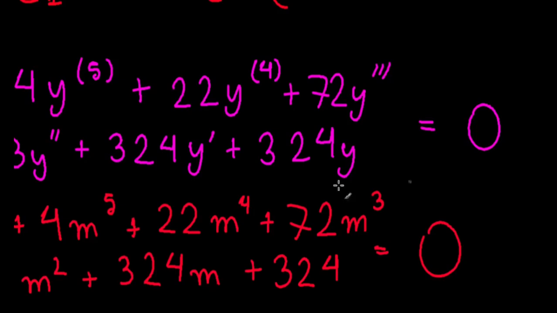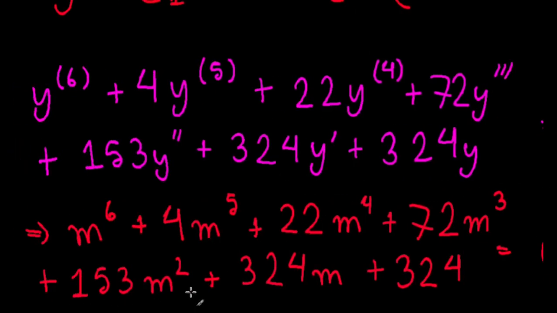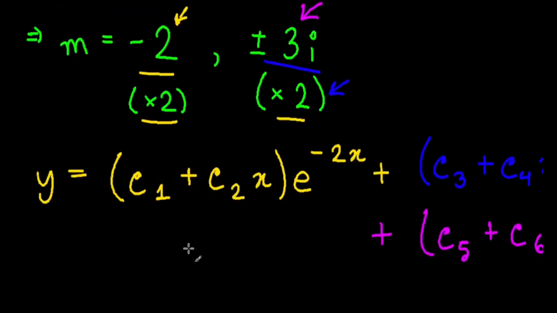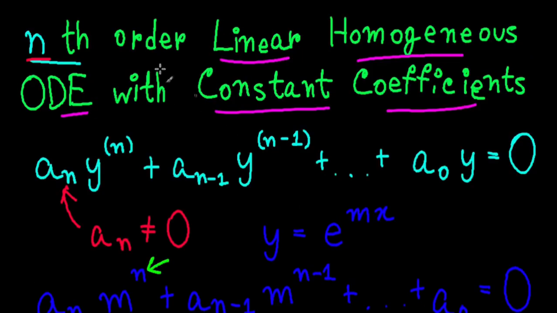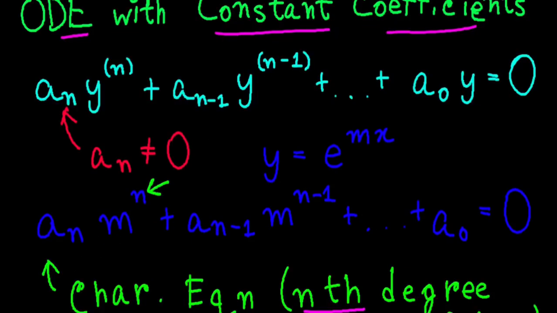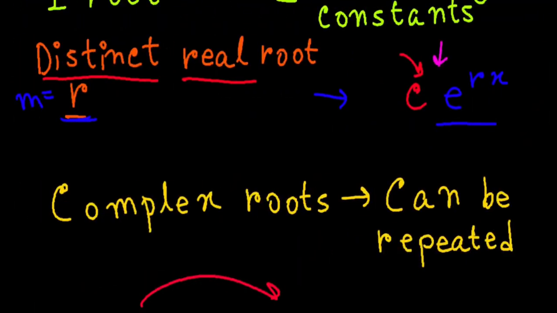Anyways, this is as far as it should go with these equations. So now we know, at least in theory, how to solve any nth order linear homogeneous differential equation with constant coefficients. It's a different matter whether you can solve the characteristic equation or not. But we at least know how to. That should be the end of this video.